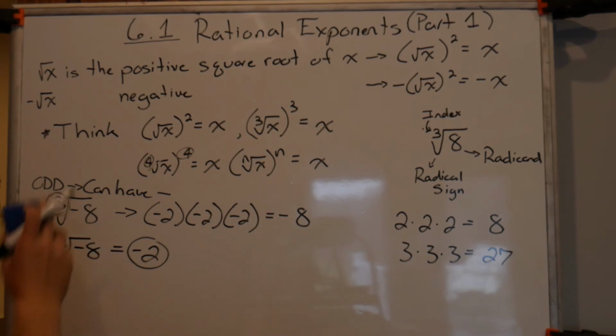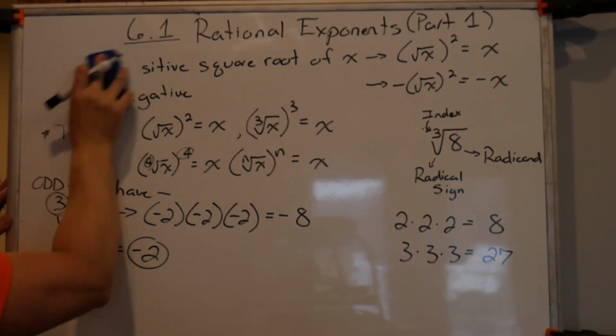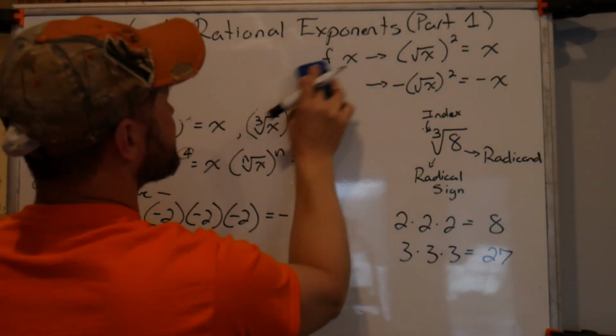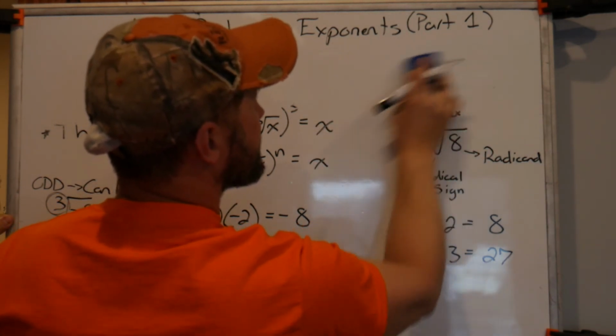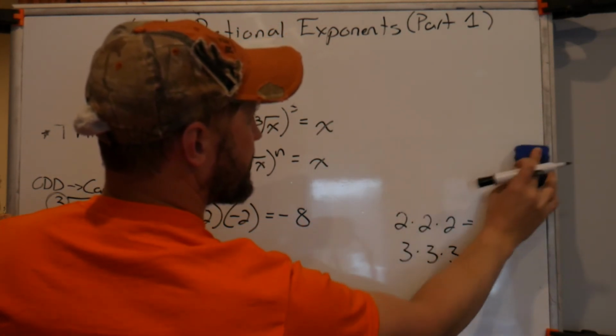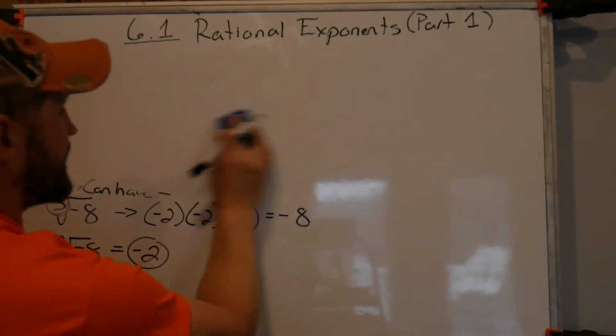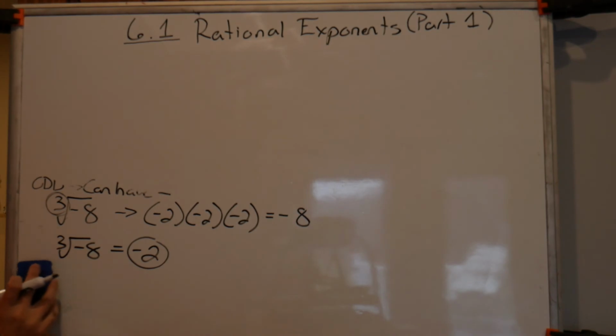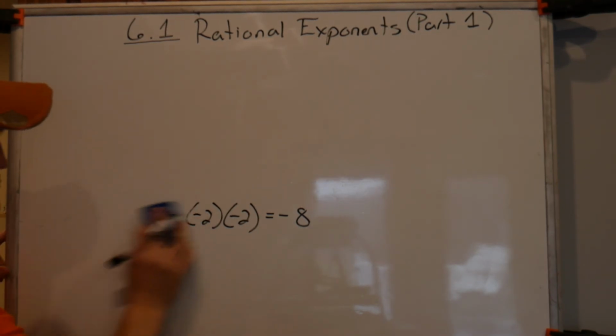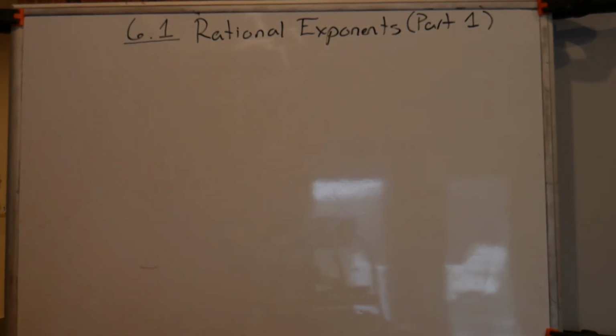Now, I'm going to erase all this. You've already got it. If they give you an even index, with an even index, we can't have a negative. That's where we get back to the idea of square root. When you start thinking square root, you can't have a negative.